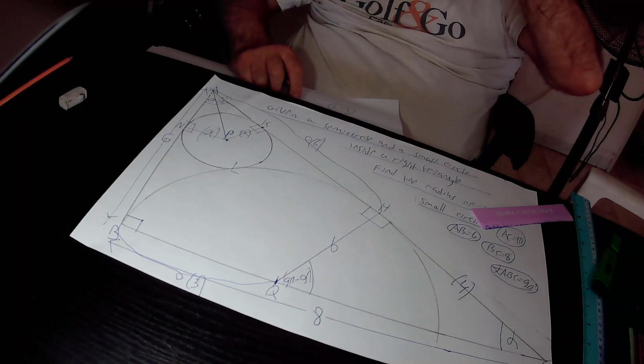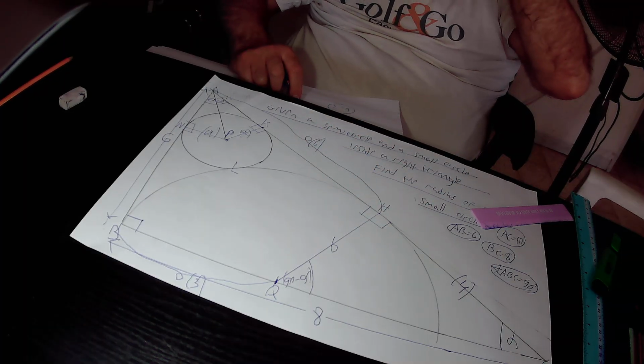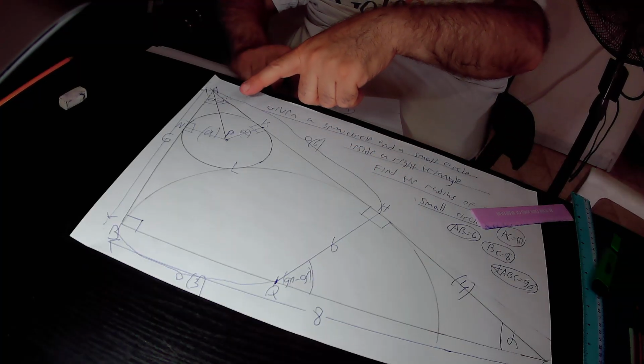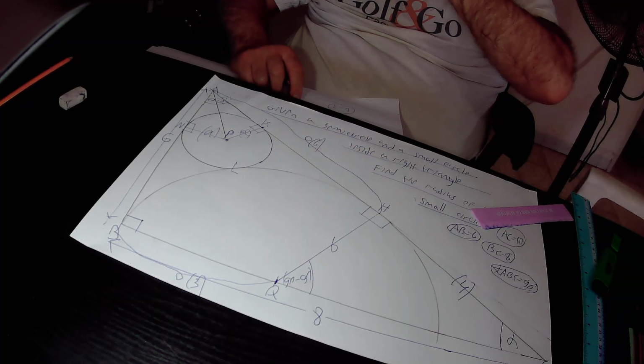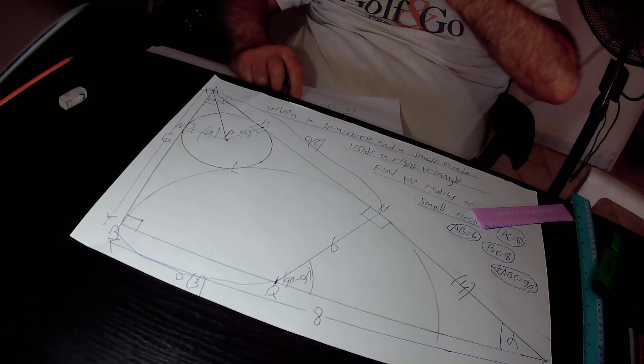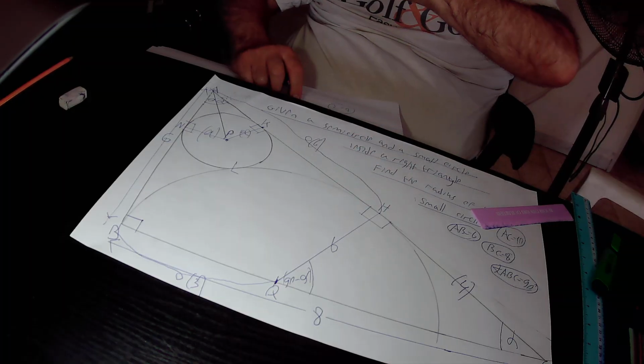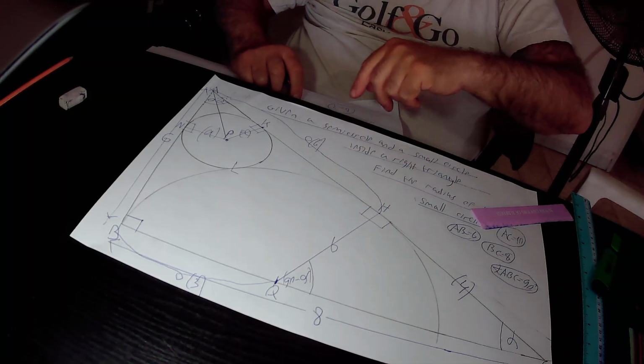Again, because tangent AB and tangent AH created angle A, according to rule 15, the angle bisector of this angle A must pass through point Q, that is the center of this big semicircle.